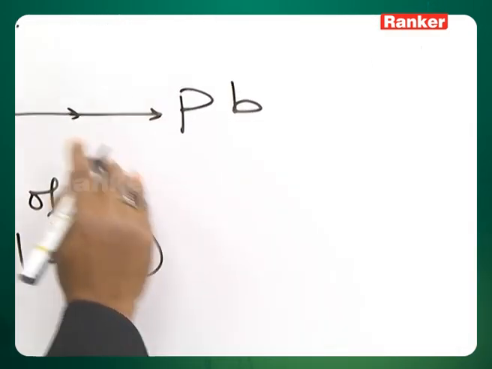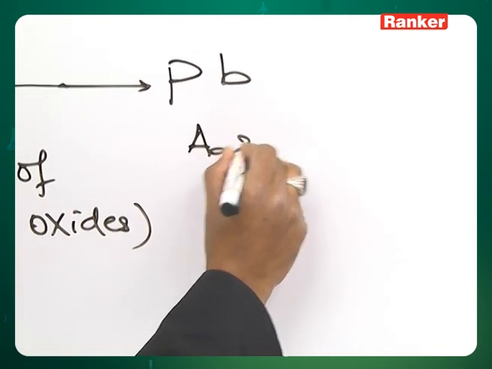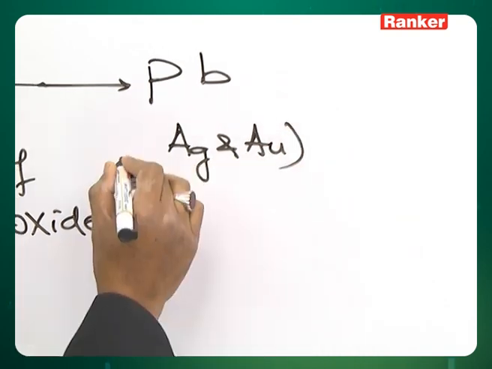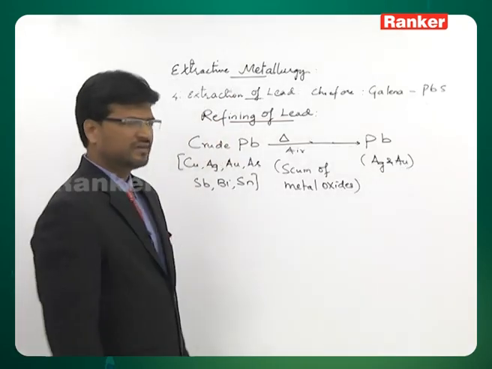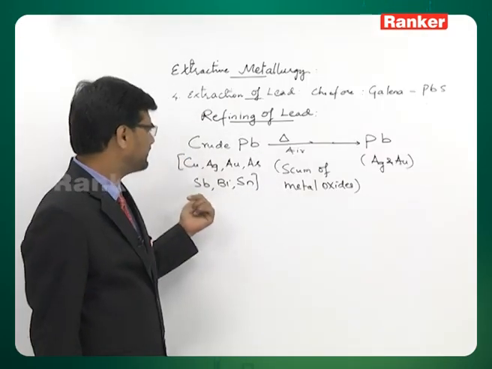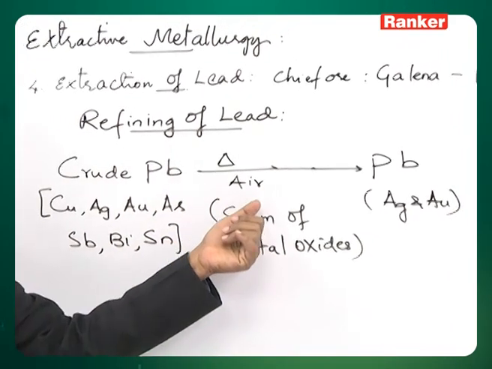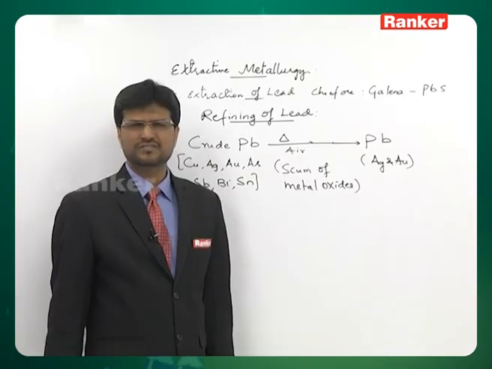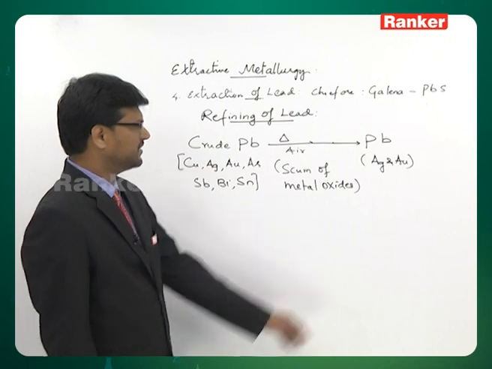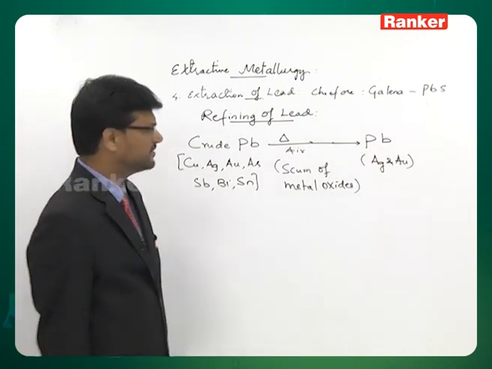This time this lead is associated with silver and gold impurities. The number of impurities has been cut down to only 2. On heating the impure lead in excess of air, most of the oxides have been removed as scum. You got a lead which is now associated with silver and gold.